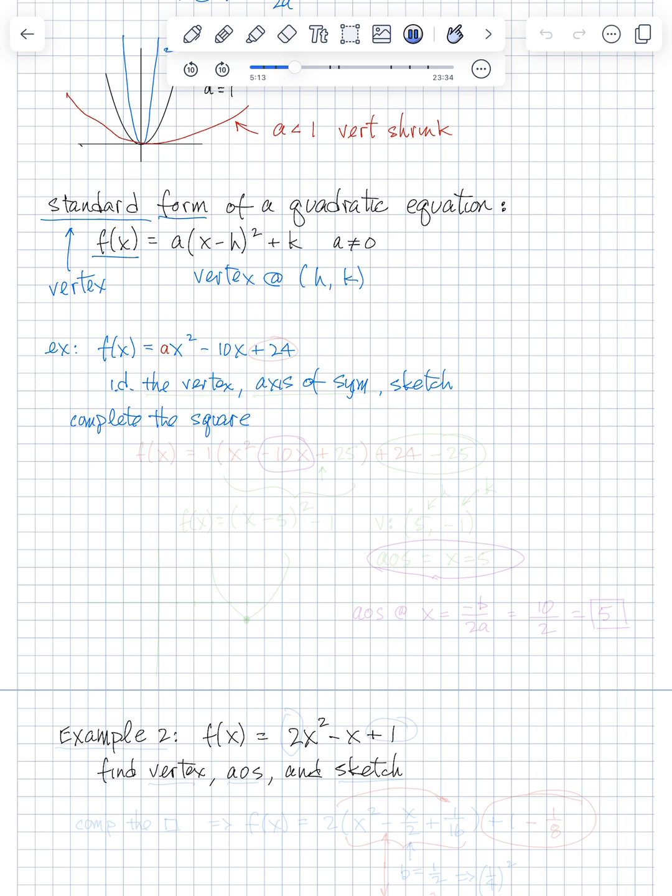So I'm just going to say f of x is equal to 1. I don't have to do that, but you'll see it's a lot easier when you're completing the square if a, the coefficient of x squared, is 1. But we're going to do another example where the coefficient is not 1, and you have to factor that out. So anyway, let's carry it on.